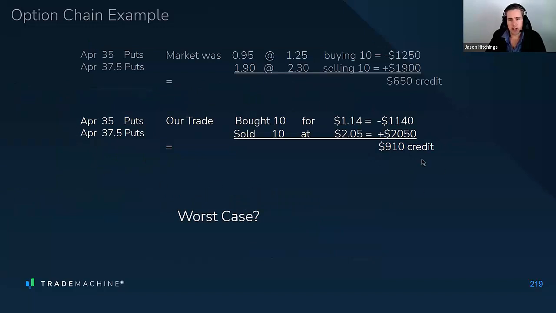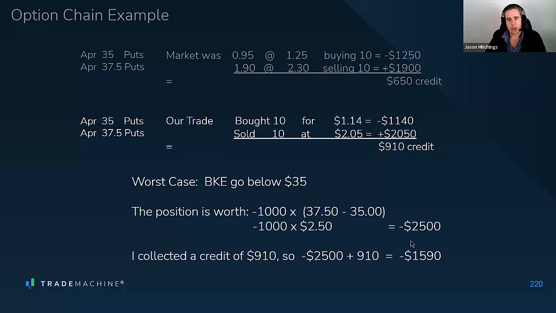So for the trade that I actually got off, what's my worst case scenario? I sold the puts, so I'm bullish. If the stock goes down below 37.50, I start losing money. I have insurance at 35. So that's $2.50. I did 10 contracts, so that ends up being $2,500 that this spread could be worth, and I'm short the spread.